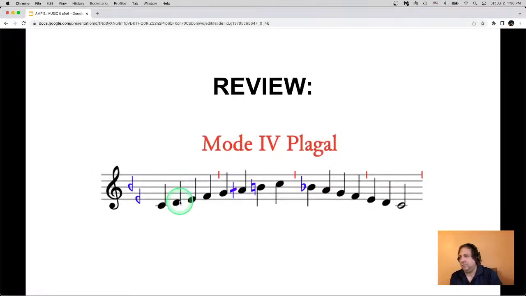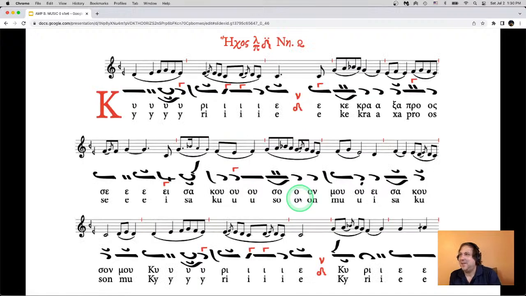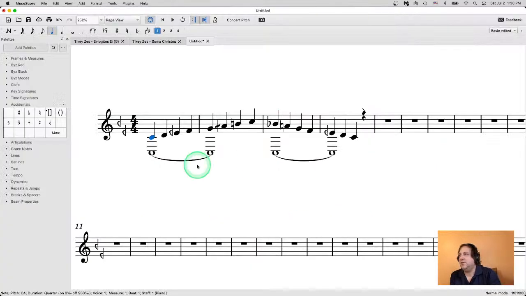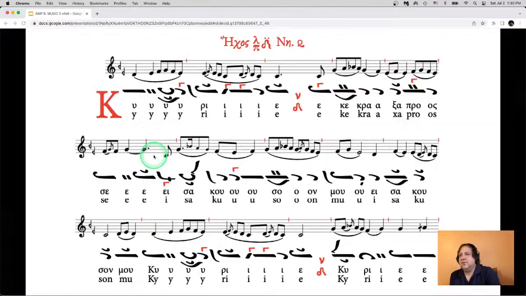A little bit flat, but just very subtly flat. And if you don't really hear the difference right now, I don't blame you. Sometimes I don't even hear the difference. So, just a quick exercise in plagal fourth. Soft diatonic.